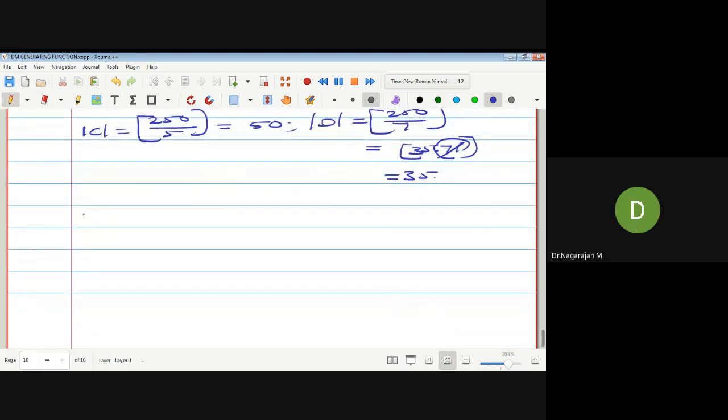Next, the cardinality of A intersection B. Then what is the result here? 250 is divisible by 2 and 3. 'And' means multiplication and 'or' means addition. I already told this in the first unit also.